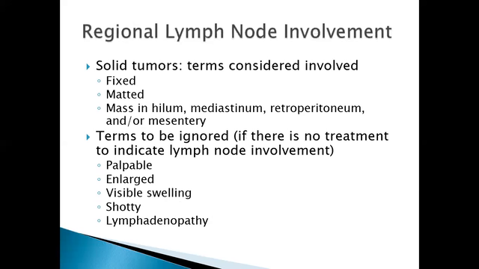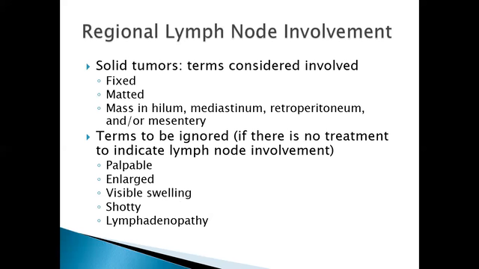For solid tumors, the terms fixed, matted, and mass in the hilum, mediastinum, retroperitoneum, or mesentery, with no specific information as to the tissue involved. If these words were used, then you would consider that the lymph nodes are involved, okay?